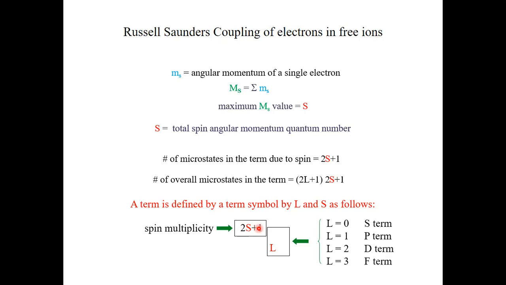So when 2S plus 1 is, for instance, 1, then we call the term a singlet term. When it's 2, we call it a doublet term. When it's 3, we call it a triplet term, and so forth.